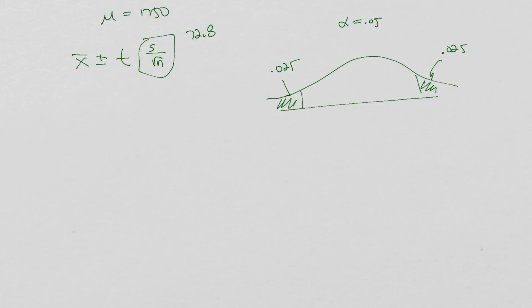We know x bar from the sample was 1923. We know our standard error was 72.8, so we need to figure out what this t-score is. Remember, our degrees of freedom are 24. So we'll look at our charts and see where this probability comes into play.